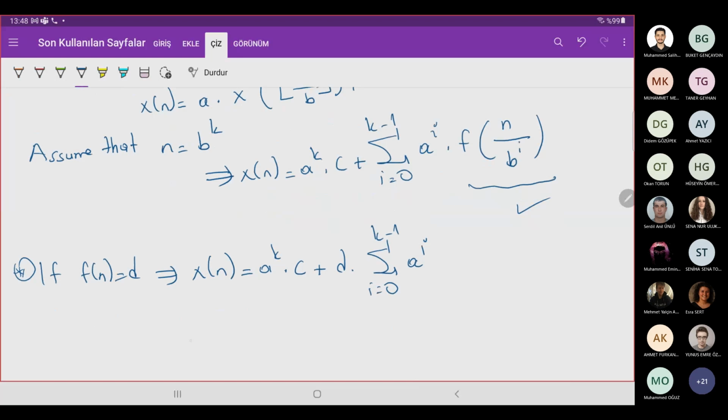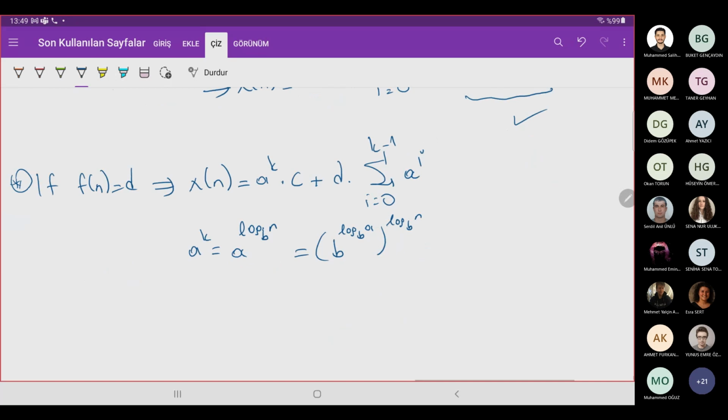So a to the power k is equal to a to the power log_b n. So this is equal to b to the power log_b a times log_b n, a little bit of logarithmic manipulation.